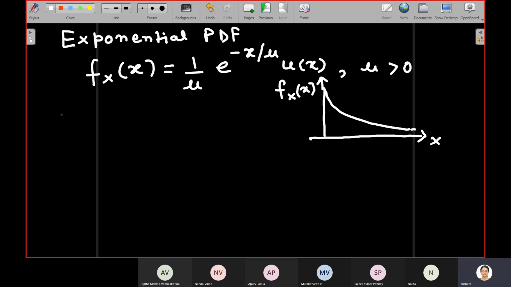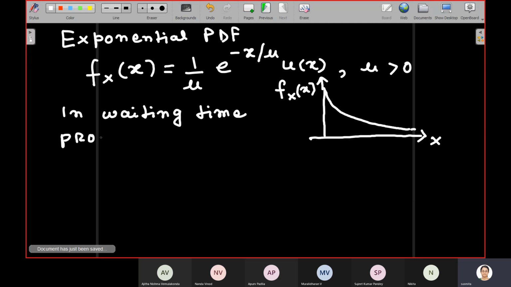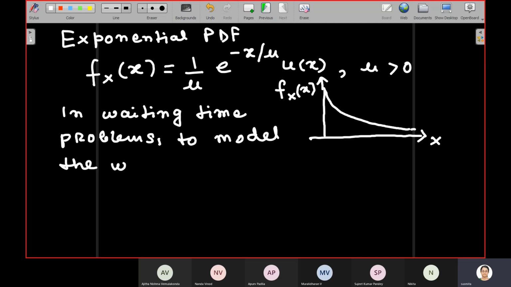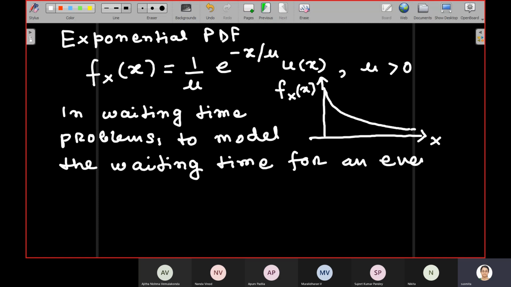Now, where do we use the exponential PDF? In waiting time problems. To model the waiting time for an event to occur, we use the exponential PDF or exponential distribution.